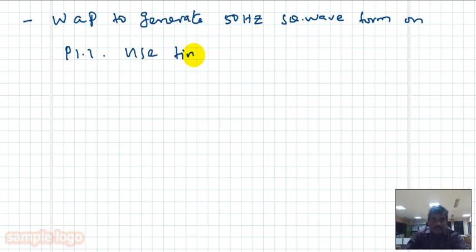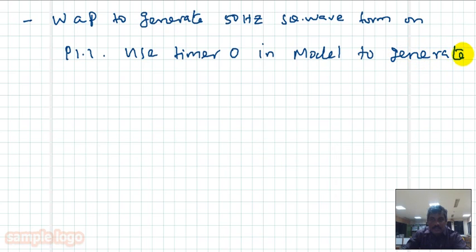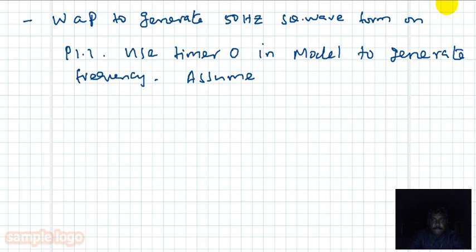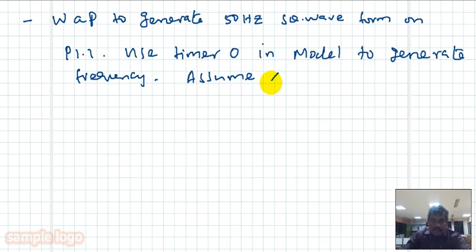Use timer 0 in mode 1 to generate the frequency. Assume XTAL is 11.0592 megahertz.